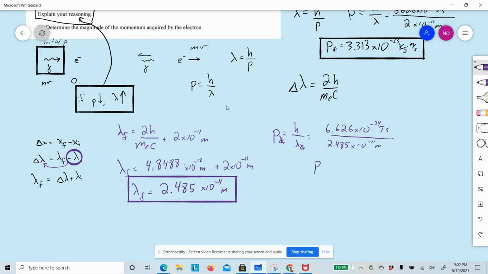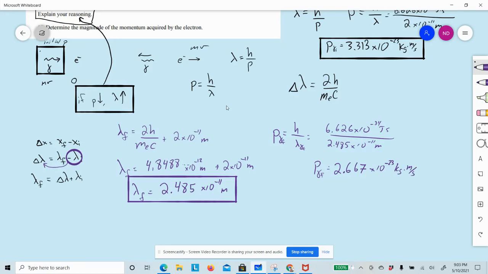So the momentum of the bit of light is now, let's go, 6.626 E negative 34 divided by our last answer, and we get 2.667 times 10 to the minus 23rd kilogram meters per second.